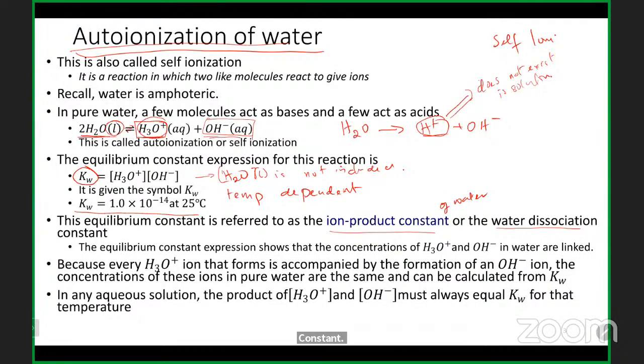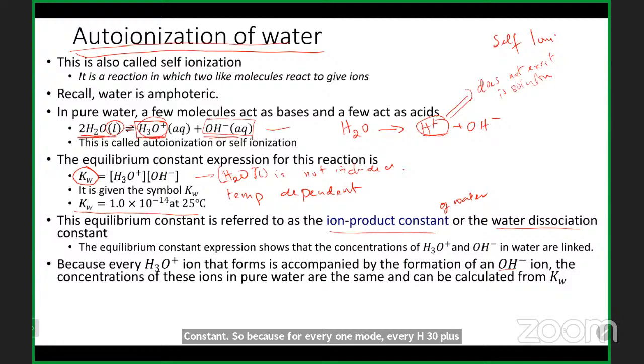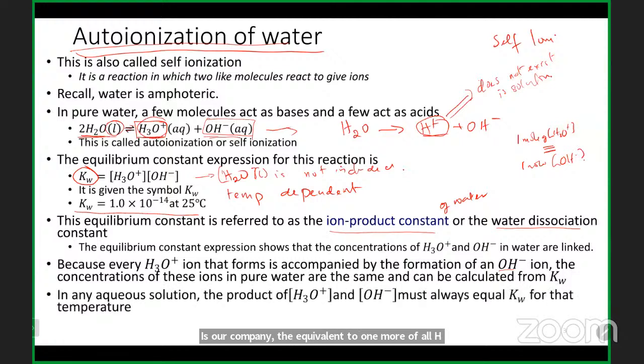Because every H3O plus is accompanied by an OH minus, if we look at this equation, 1 mole of H3O plus is equivalent to 1 mole of OH minus. So this product is like OH minus squared or H3O plus squared. The concentration of H3O plus and OH minus must therefore be equal at any given point in time for that temperature.